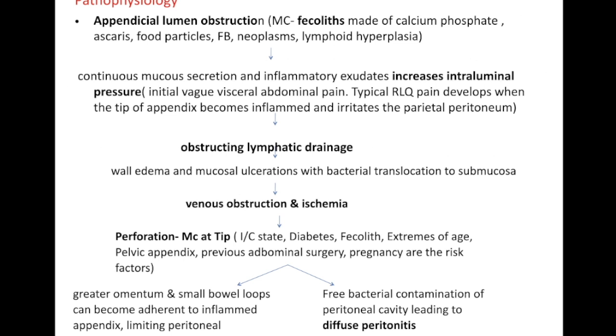Now this perforation is more commonly seen in patients who have diabetes, are associated with a feculith, present in extremes of ages, have a pelvic appendix, and a previously operated abdomen.